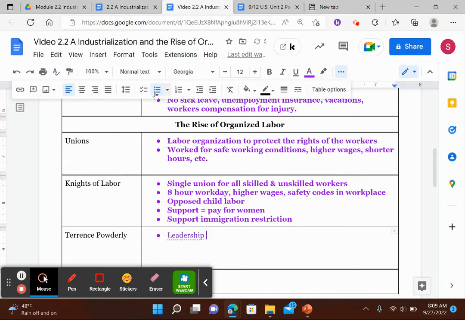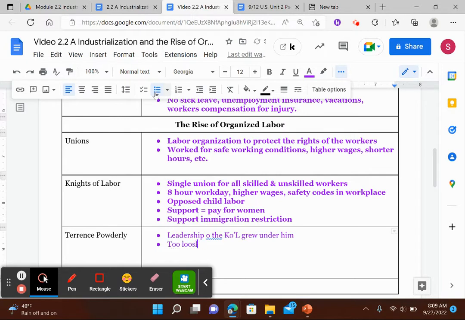Leadership of the, we'll do a little abbreviation, Knights of Labor grew under him. Too loosely organized.